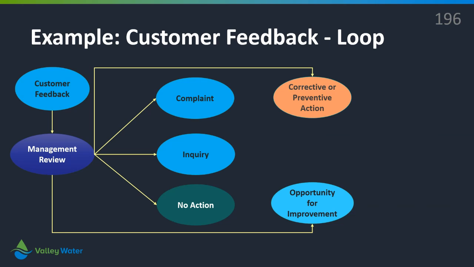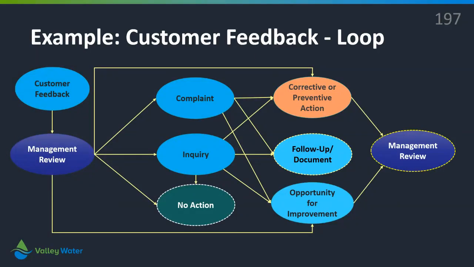There could be a simple review comment from our customer feedback that may not need any further action. It could be an opportunity for improvement that we might want to explore further. It might sound like an inquiry or complaint that we would want to move to the inquiry or complaint handling process, or it might necessitate a corrective or preventive action.